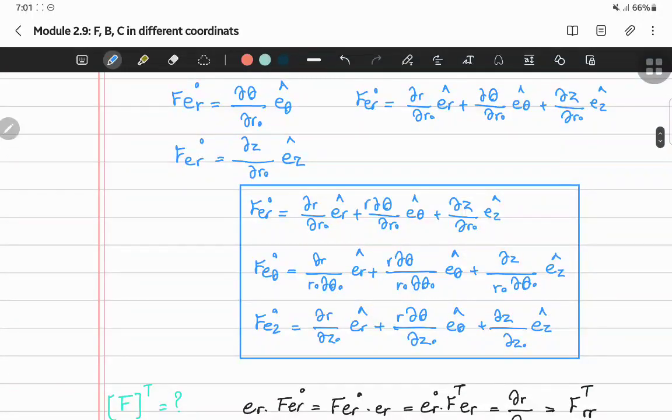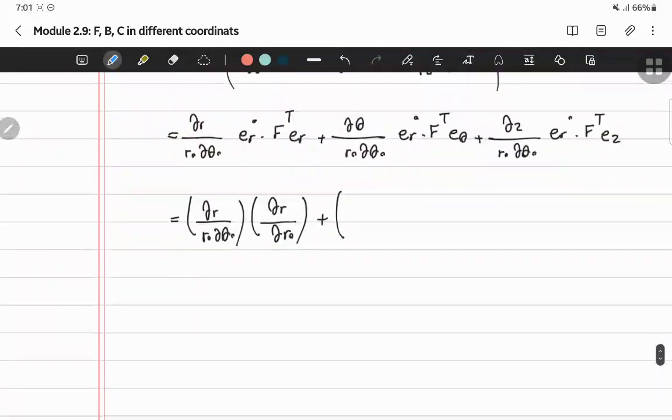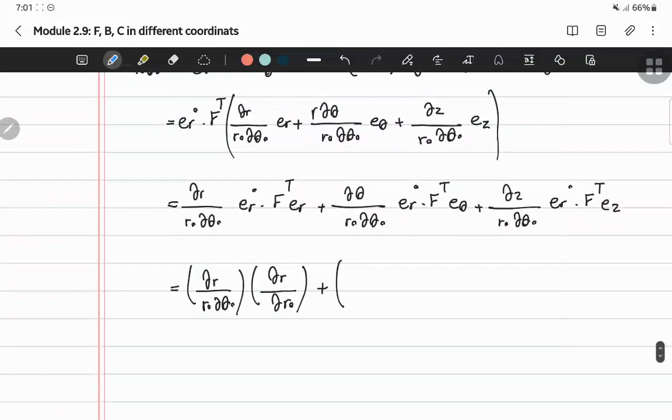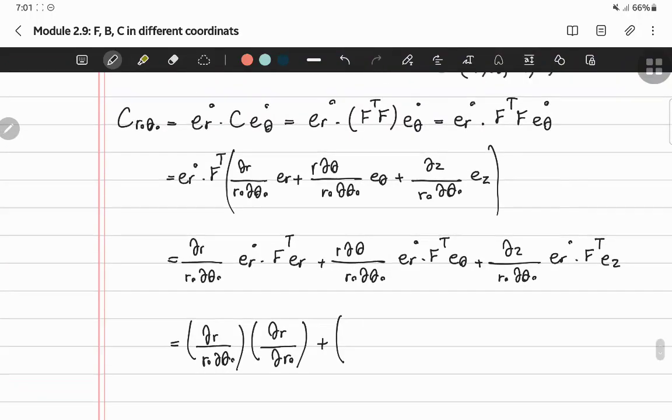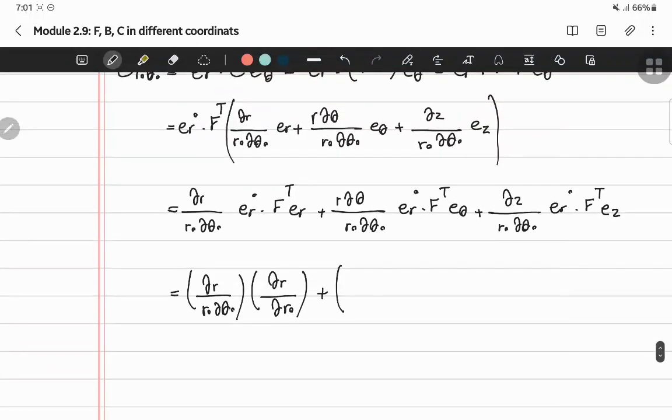This also has R. So yes, we have, and then we have this, which is the first term.